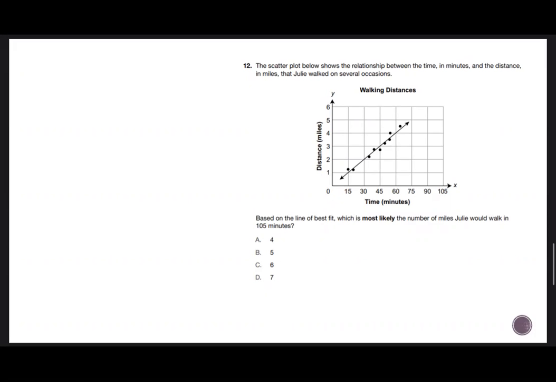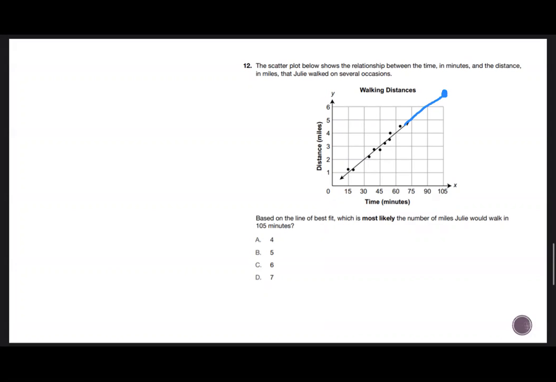Based on the line of best fit, and this time they already graphed it for you, what is the most likely number of miles Julie would walk in 105 minutes? For this one, we can extend this line of best fit as straight as possible.